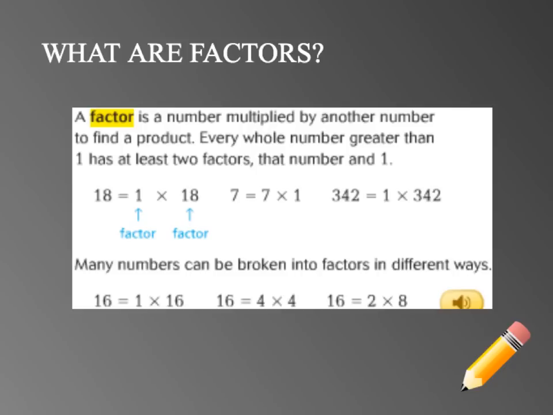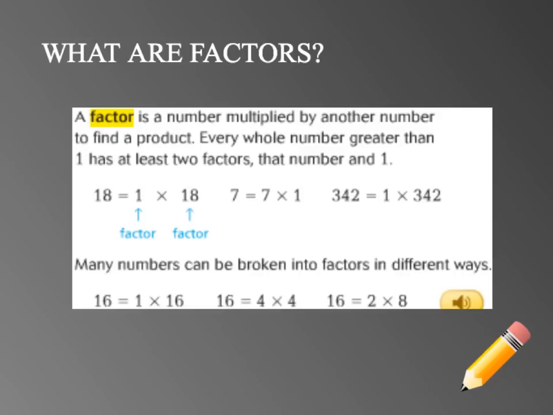And if we have a really large product like 342, I can still multiply the factors 1 times 342 and get the product of 342. But many numbers can be broken into factors in even more ways. For example, let's look at the number 16. 16 as a whole number product can obviously be broken up into the factors of 1 and itself.